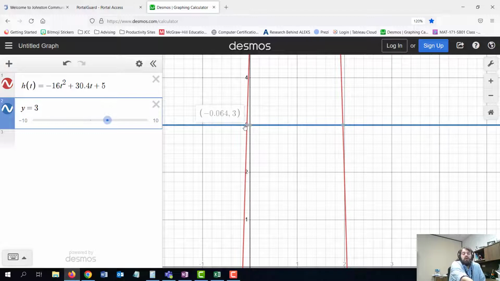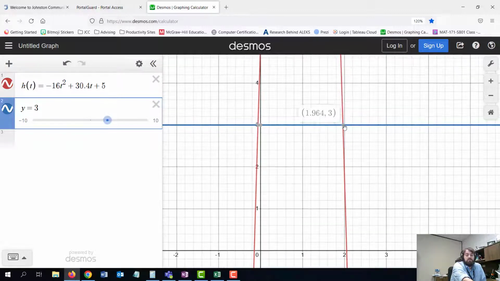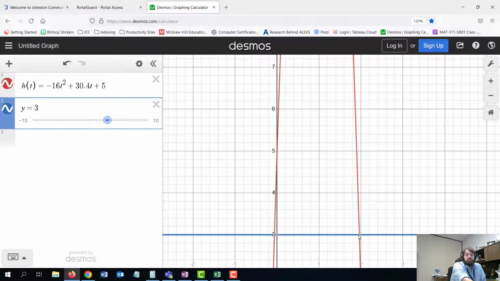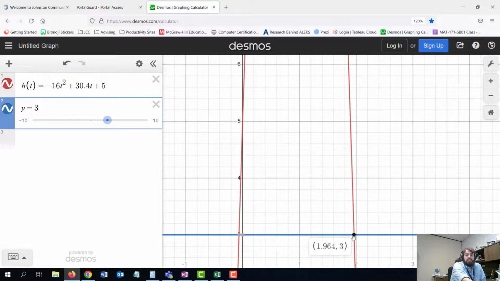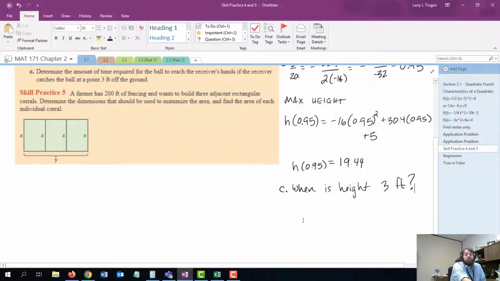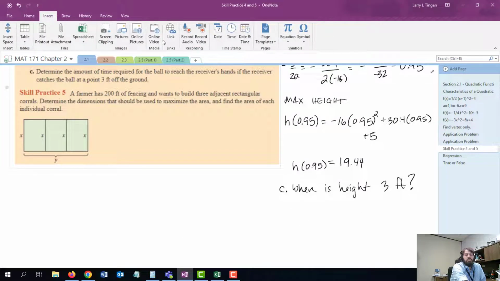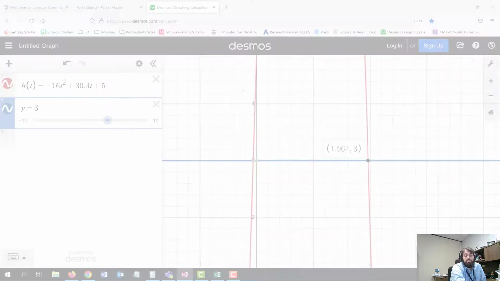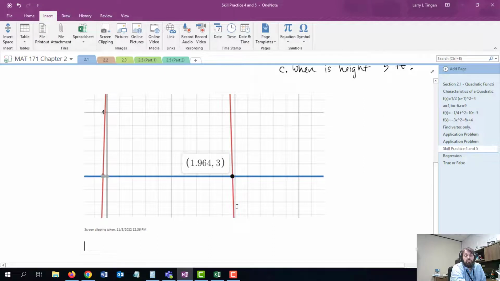It intersects twice, but this one doesn't mean anything to us because t is negative and t is time, right? So I don't want this one. This is an extraneous solution because I'm only interested in values where t is positive. And for this one, t is positive. The function equals 3 when t is 1.964. Let's plug that in so we can keep an idea of what we did here.